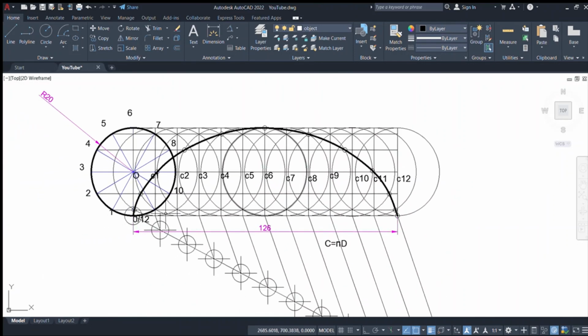Up to that level, we've drawn the cycloid as per the question.